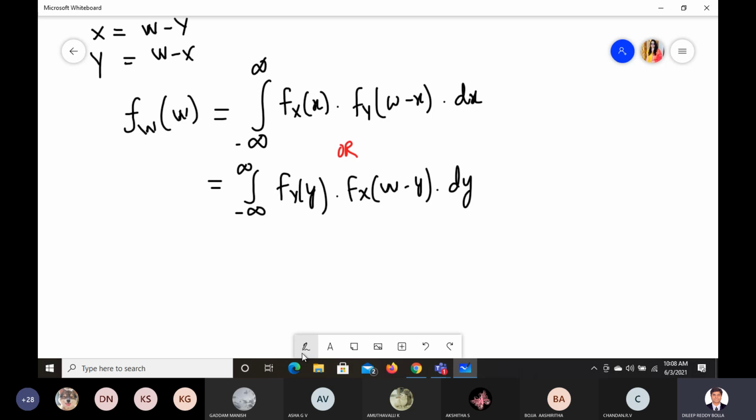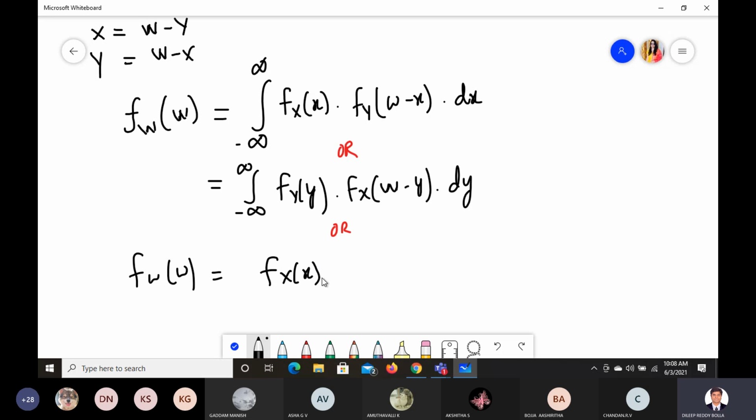Or one more way we can also write this. This is very simple. The function fW of w will equal fX of x, and the convolution of that is the star mark here. This is the convolution operator with fY of y. Where this star mark is, what operation is this?